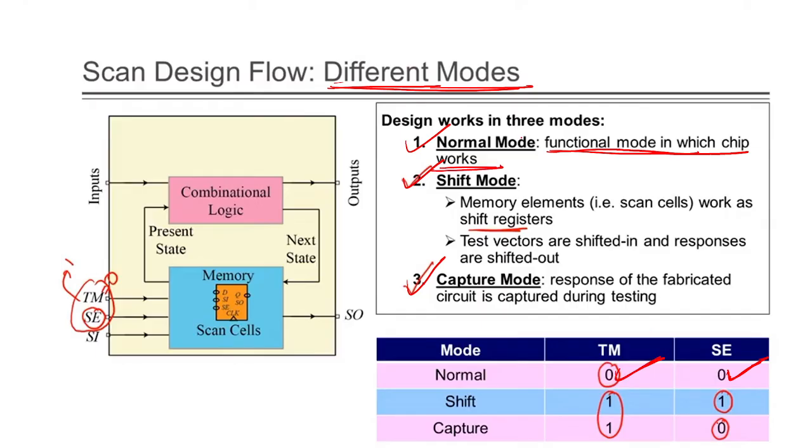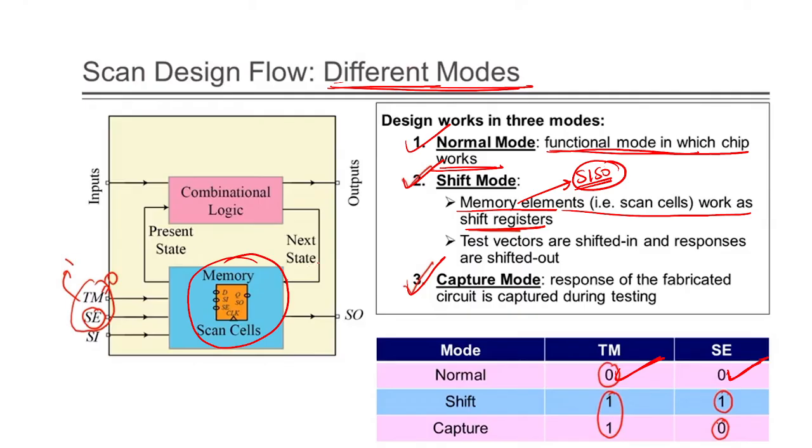Shift mode means the memory elements, that is the scan cells, act like shift registers, that is SISO, serial in serial out.